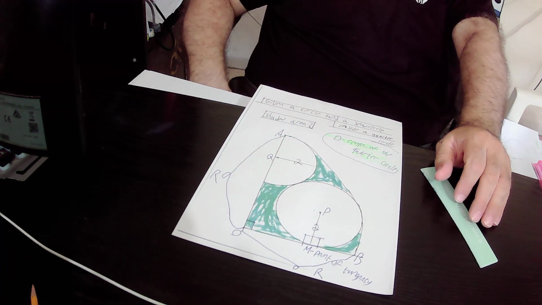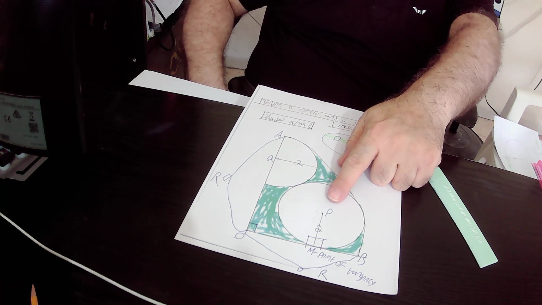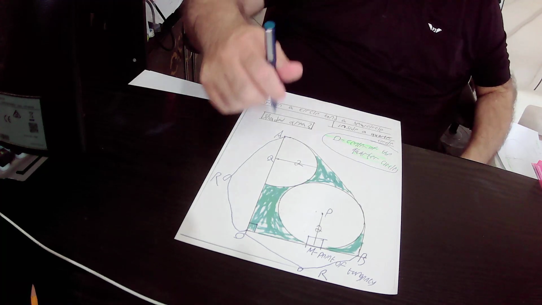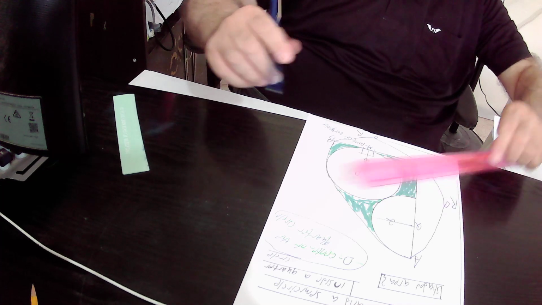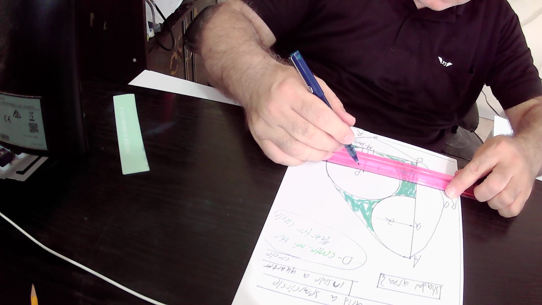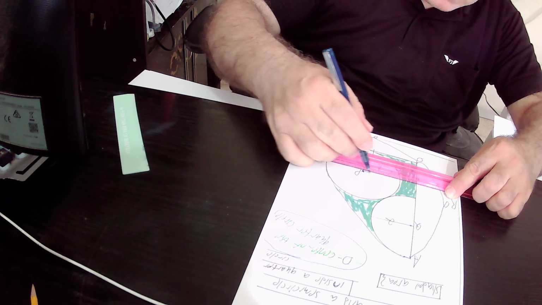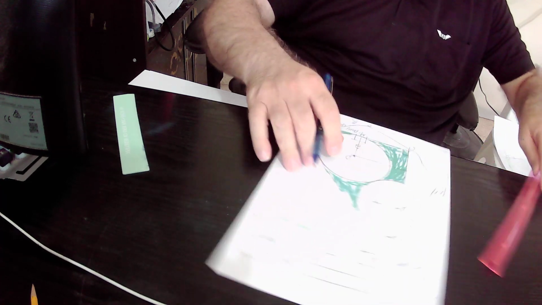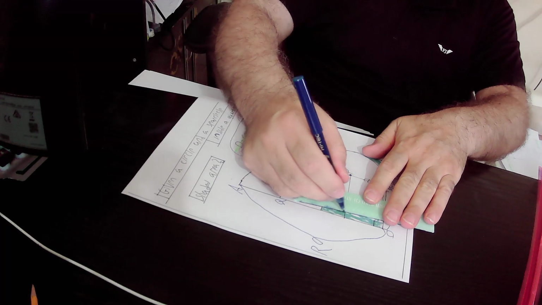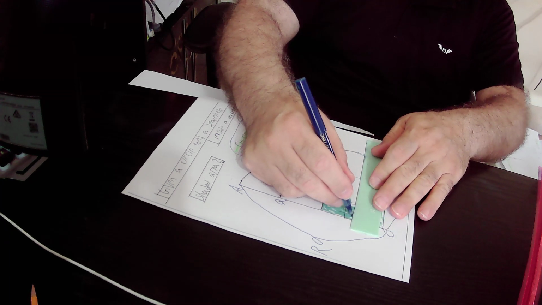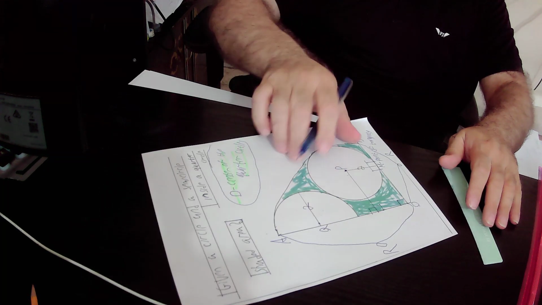Okay, in the next step, from the center of this circle, that is to say from point P, we will draw a perpendicular on QO. So here this angle will be equal to 90 degrees, and this angle will also be equal to 90 degrees according to our construction.